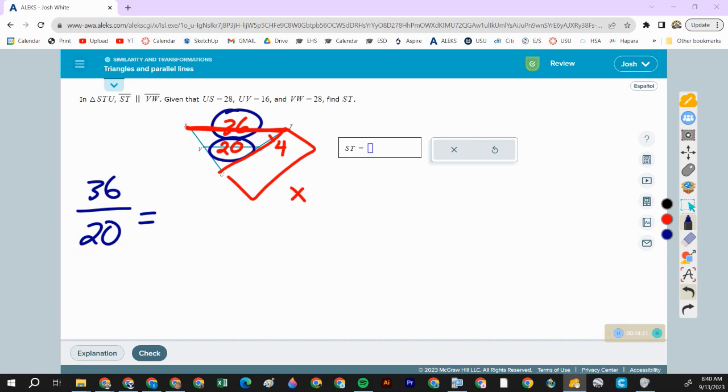So it has to line up with the long side over there. How long is that side? X. Okay. Divided by, what does 20 line up with? Not 4, right? 20 is the top of the short triangle. So it needs to line up with the right side of the short triangle. X minus 4.